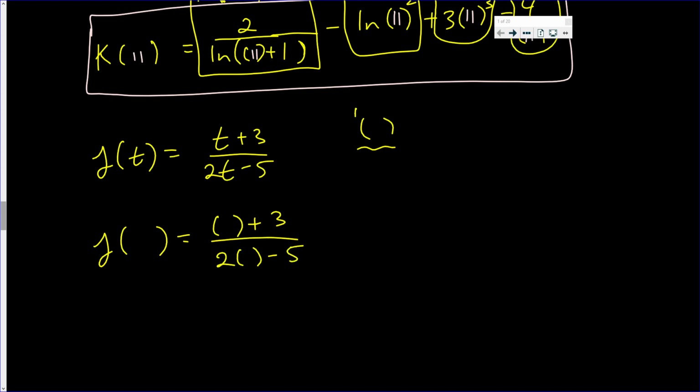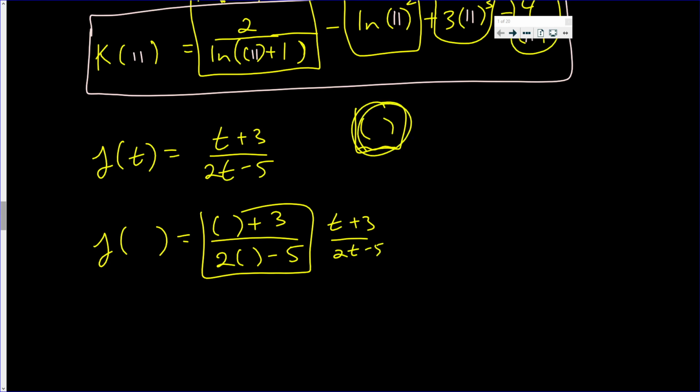Okay, I just wrote t this way. I should be able to read this back. T plus 3 over 2t minus 5. Whenever I saw this, I said t. And I know I'm right because it's exactly that.